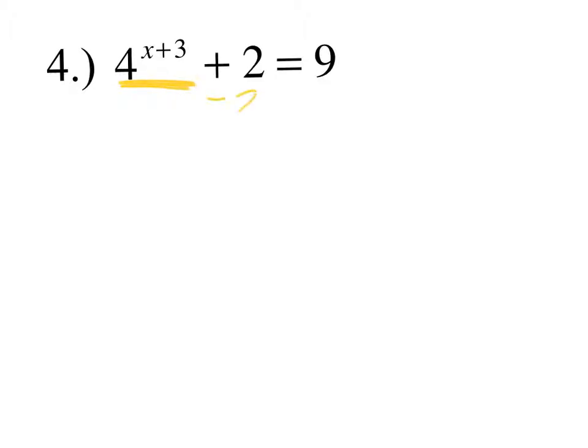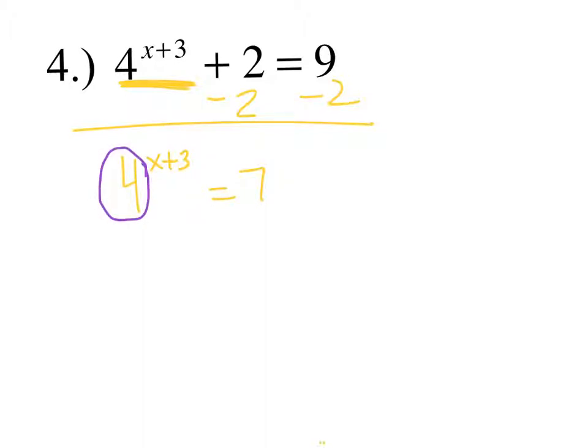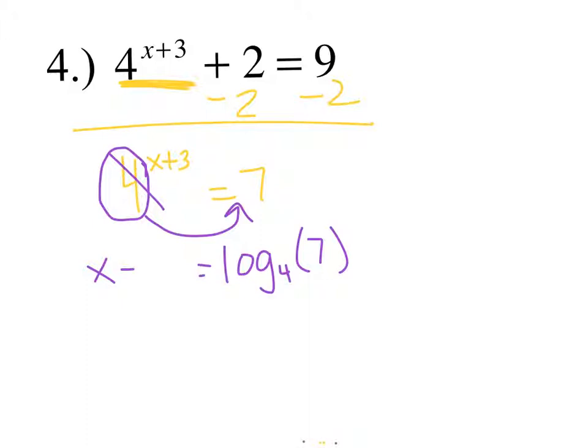So 4 to the power of x plus 3 equals 7. To undo the exponential, we take the base of the exponent. It becomes the base for your log. So we have log base 4 of what was on the right-hand side, 7, equals x plus 3.